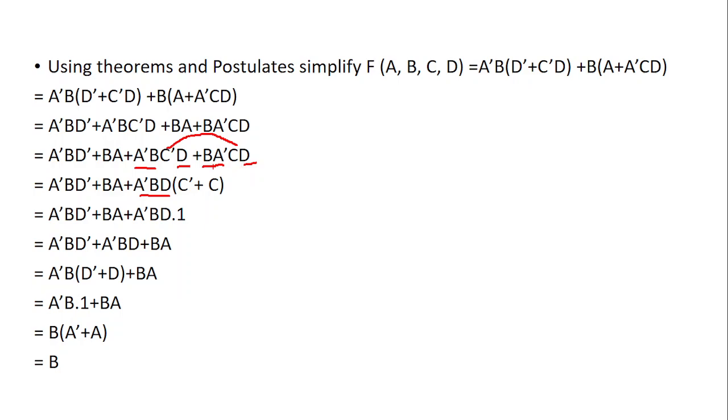You take these terms common. What is x plus x bar? I have already told you, according to the identity, when you add a term with its inversion, it is always 1. Okay, C plus C bar is always 1. 1 into anything will not make changes in the equation.